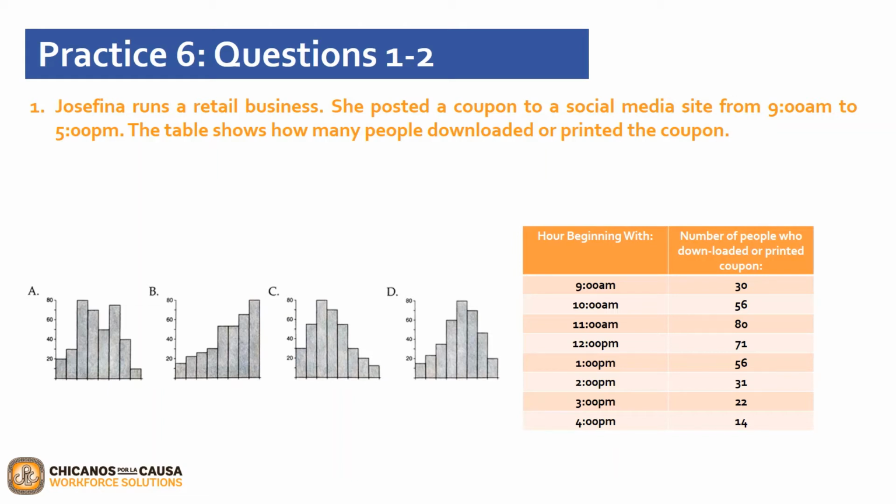Again, that aligns with our answer C, but let's look at one more just in case. In the row of 11 a.m., we can see that 80 people downloaded or printed the coupon. If we look at our answer C histogram, we can see that the third bar does go up to 80. Therefore, we can now determine that C is in fact our correct answer.